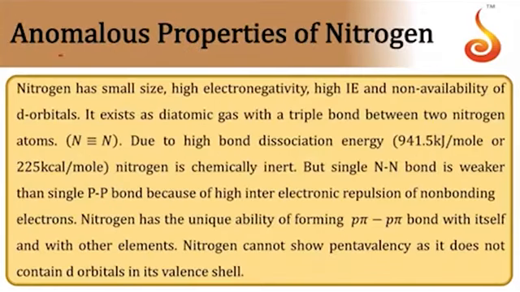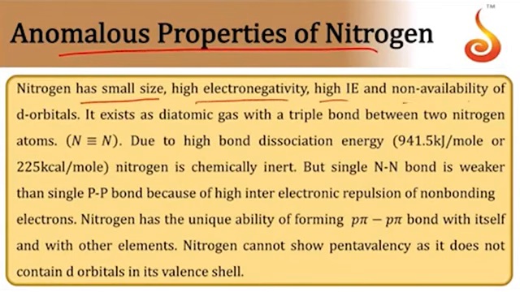Now the anomalous properties of nitrogen. Nitrogen has a small size, high electronegativity, high ionization energy and non-availability of d orbitals. This property is common for all groups: the first element always has smaller size, high electronegativity, high ionization energy and non-availability of d orbitals.